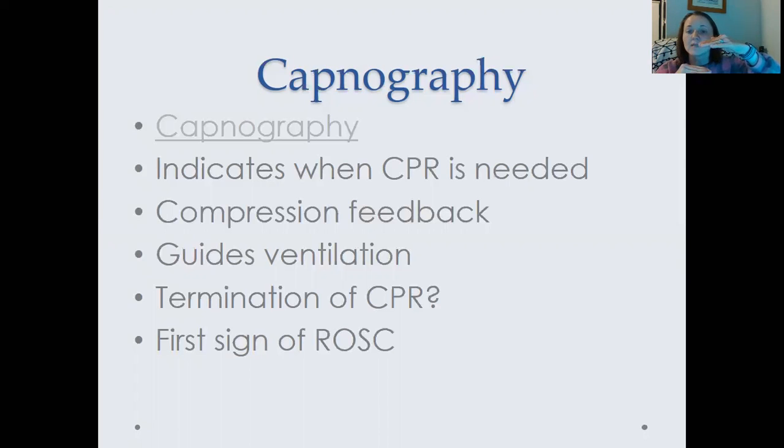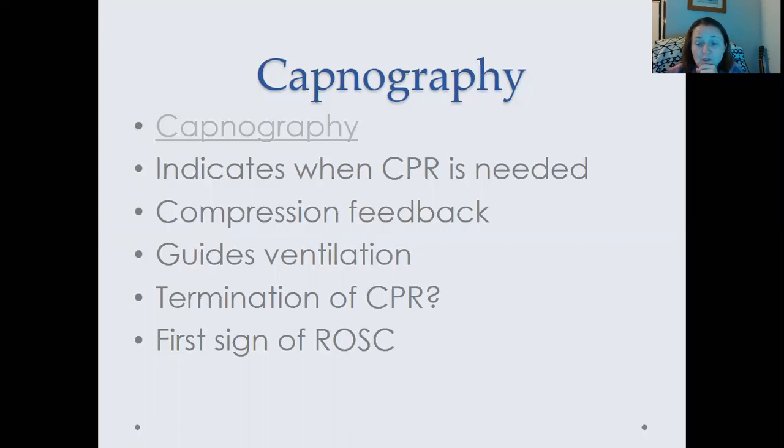Capnography stopped, pulse oximetry dropped, and then you would see the cardiac rhythm be affected by that lack of oxygen. So it can help indicate when CPR is needed. And then also remember PEA. We talked about PEA. We would be able to see that drop there too.